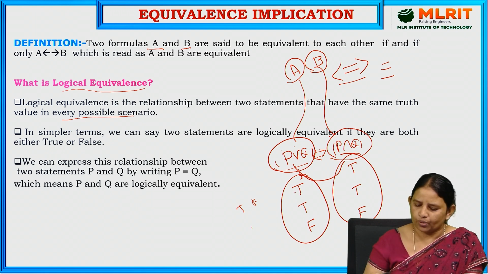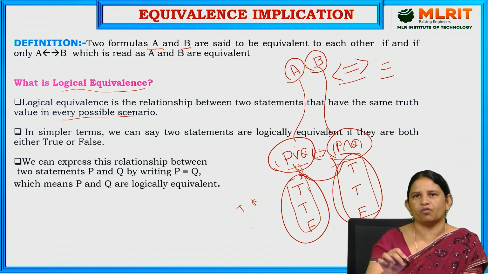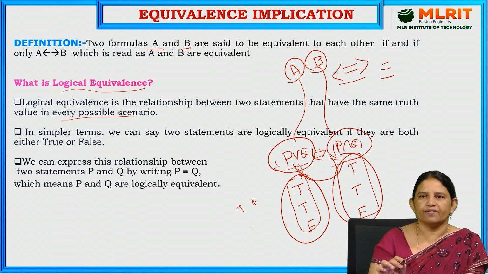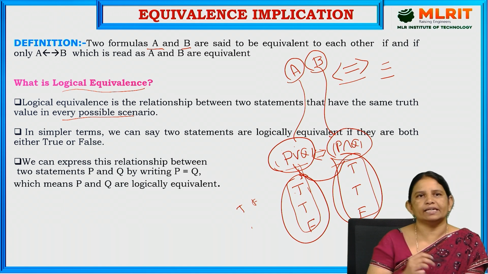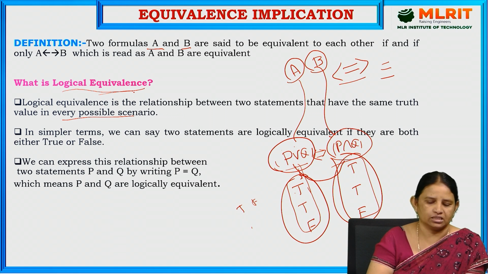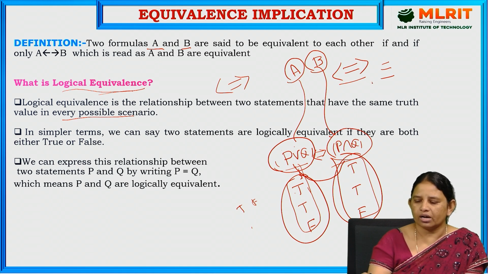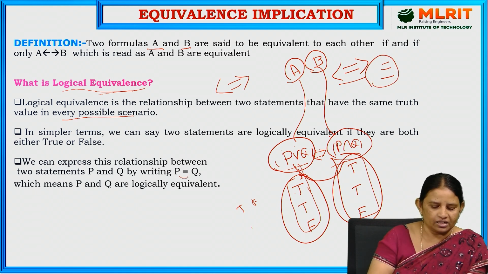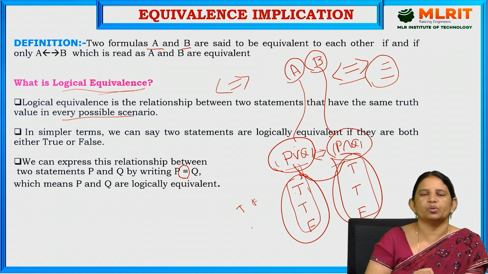That may be true or false, but it returns the same values in the truth table. Then it is called equivalence implication, or logical equivalence. It is denoted by the biconditional symbol, or we can use three equal bars to denote that the two statements are logically equivalent.